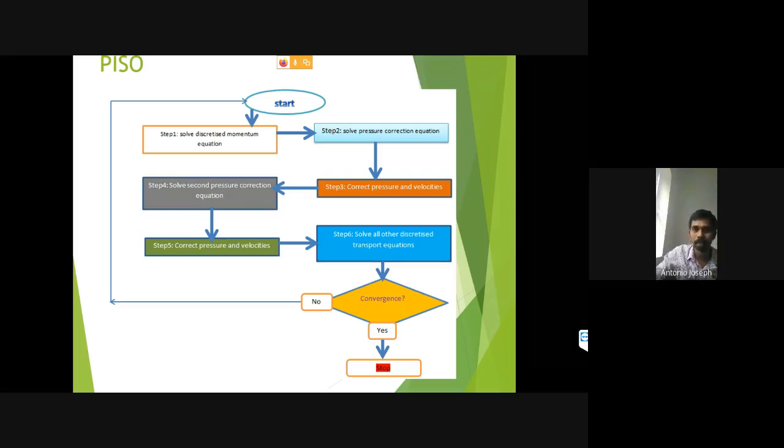This process goes on for correcting the pressure and velocities. Then all the discretized transport equations are solved, meaning the continuity and momentum equations, and we check for convergence. If it has not converged, the process happens again and again. So this is a brief about the PISO algorithm.